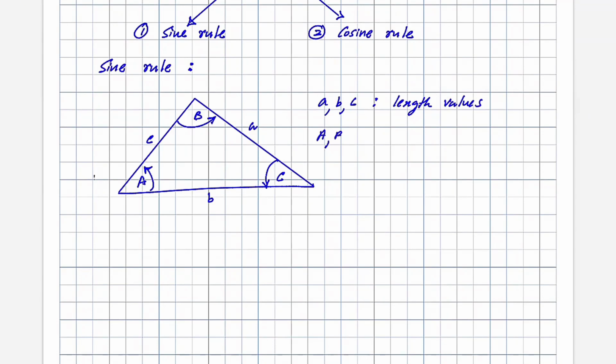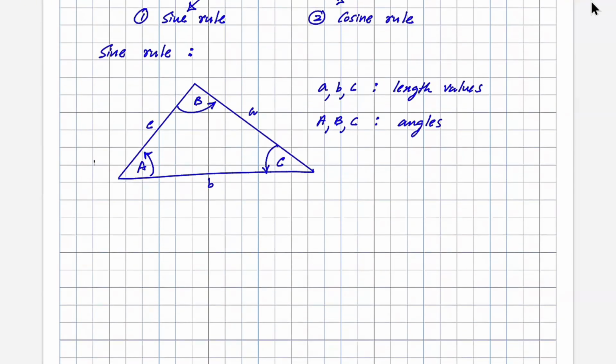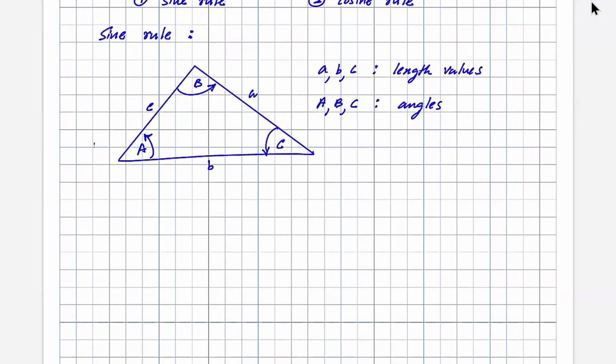Capital A, B, C are angles. Length values and angles. Right? So any of the angles is not 90 degrees. It can be lesser than that, can be more than that.